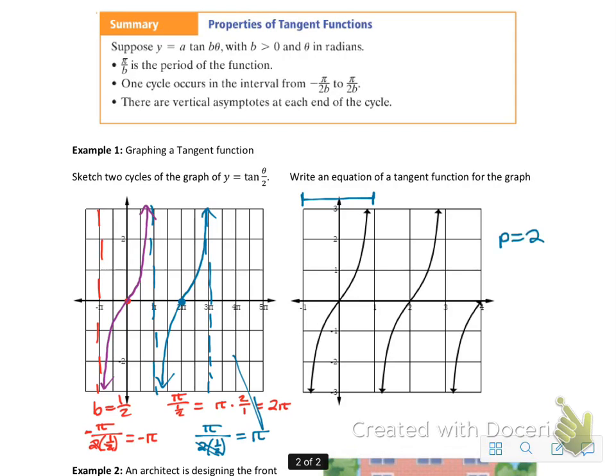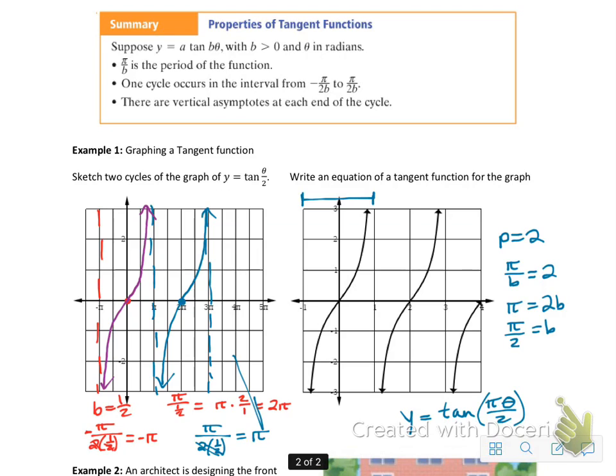Well, if pi over b is the period, then pi over b equals 2, which means that pi equals 2b, and b equals pi over 2. All right, so when we go to write our equation, we're going to write y equals, the amplitude is just going to be 1, so a is just going to be 1. So we're going to have tangent of pi theta over 2.